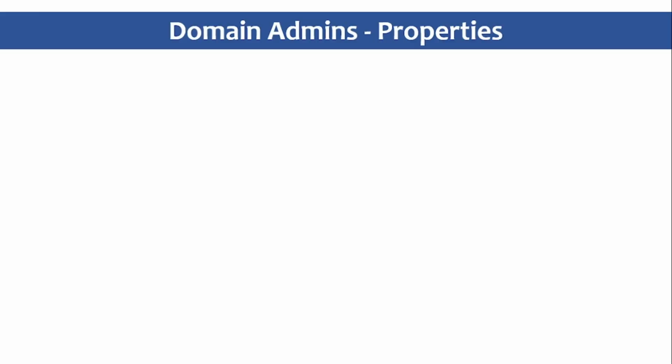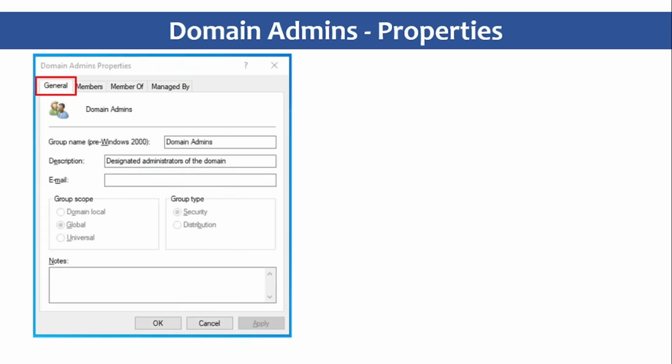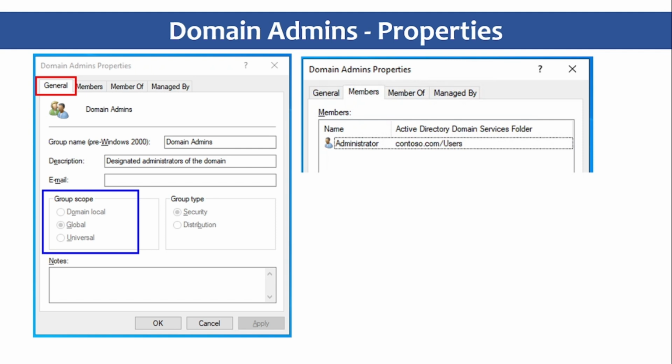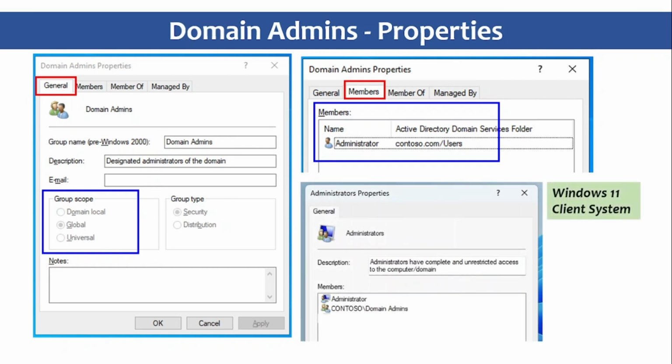So let's look at the properties of the domain admins group now. If you go to the general tab, again the scope is global and it's grayed out. We cannot make any changes to the scope or the type. And if you see members, the administrator of that domain, the default username administrator, is the default member of the group named domain admins.